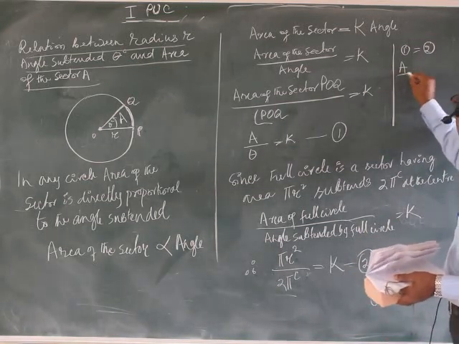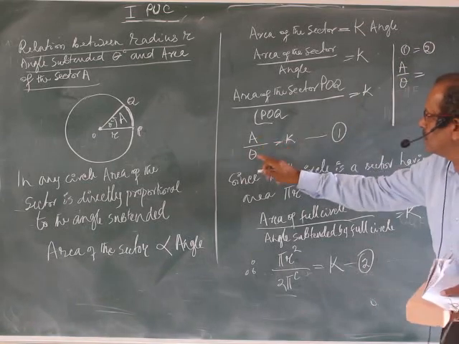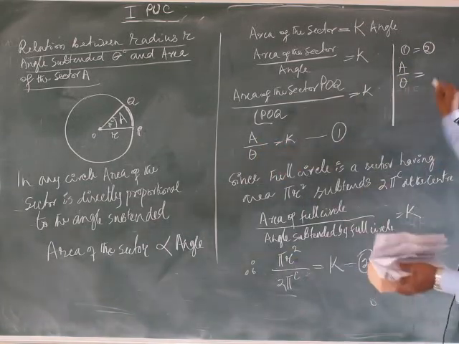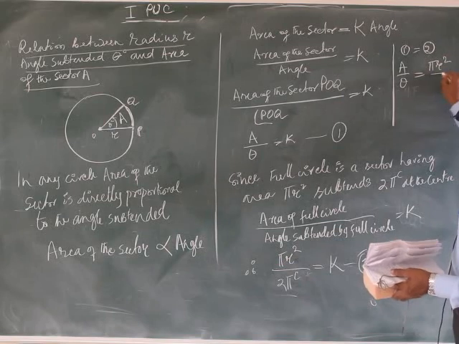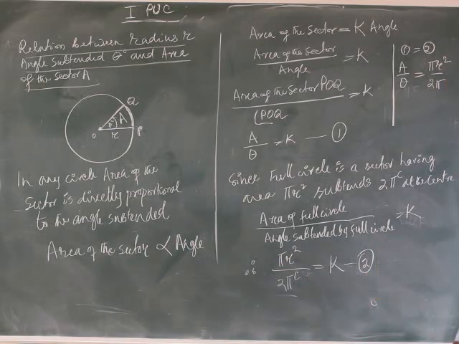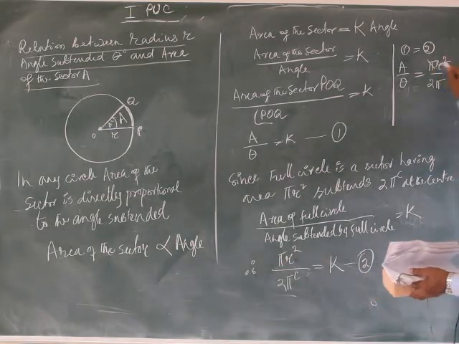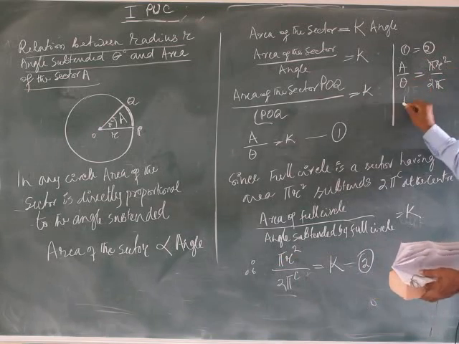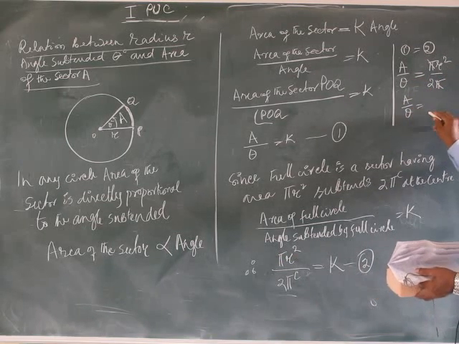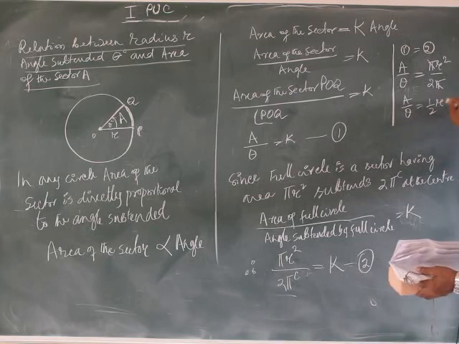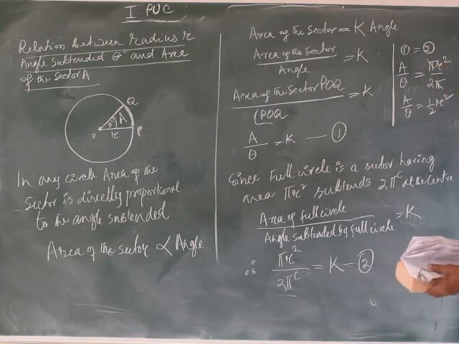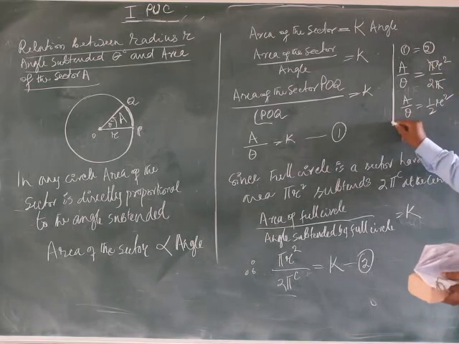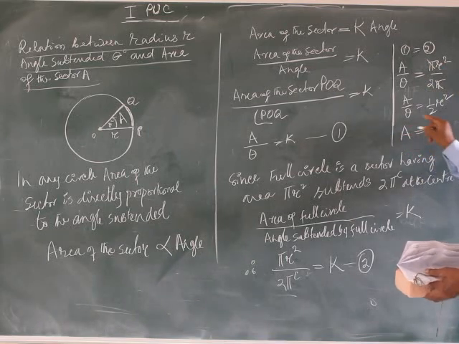So, A by theta should be equal to pi r square by 2 pi. Or cancelling pi, you get A by theta equal to half into r square. Pi cancels. Finally, I can write like this. A equal to half r square.